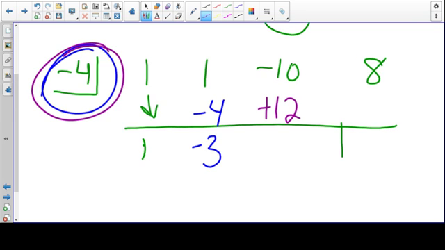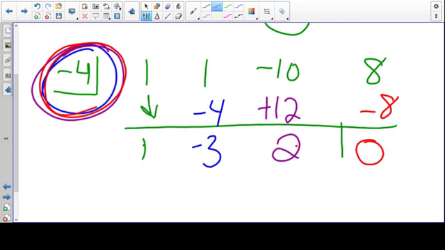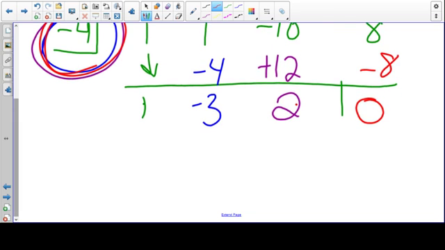So I'm going to add it. -10 plus 12 gives me 2. 2 times -4 gives me -8. 8 minus 8 gives me 0. So again, I have that remainder of 0. And my answer is x squared minus 3x plus 2.